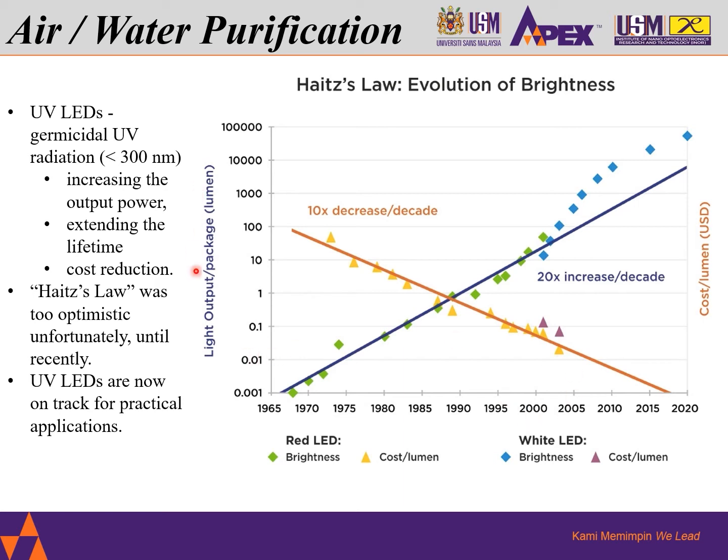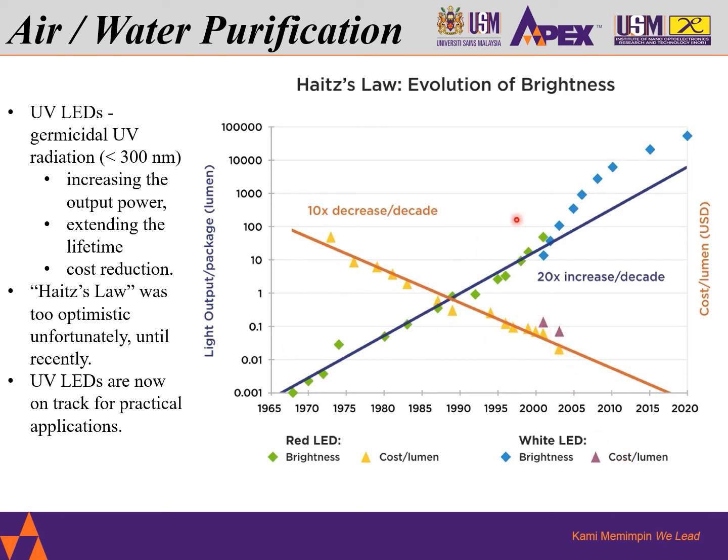So this is the light output here, in lumens, and also the cost per lumen in USD. You see the projection here. The cost per lumen decreases as the brightness increases. However, for the white LED, there is the brightness and also the cost per lumen here.